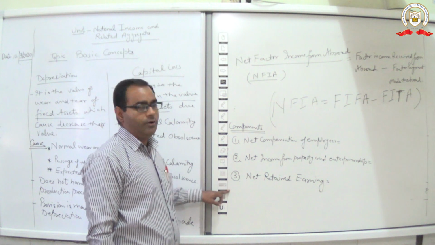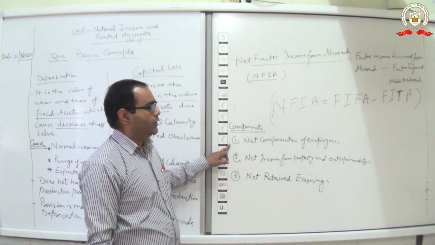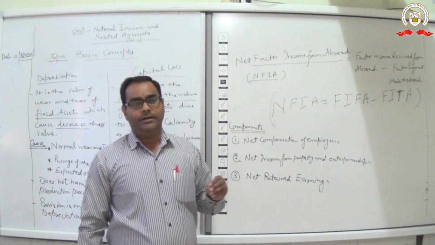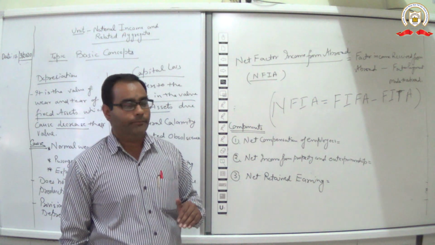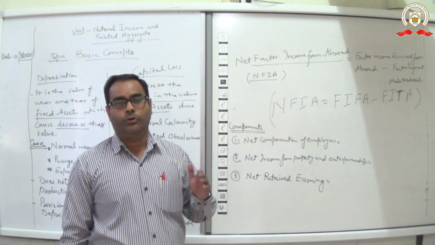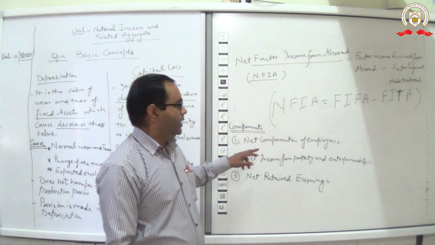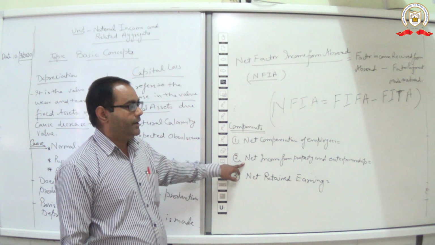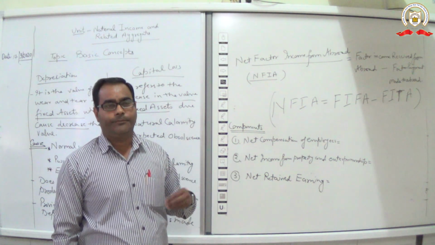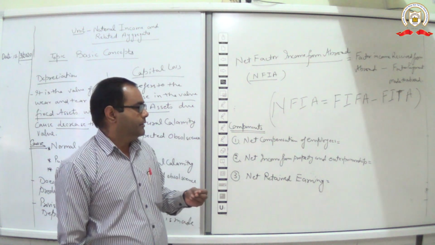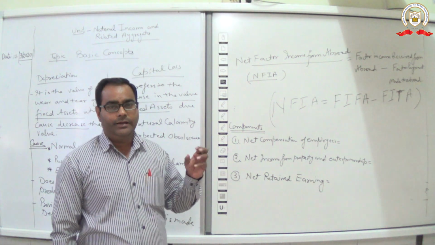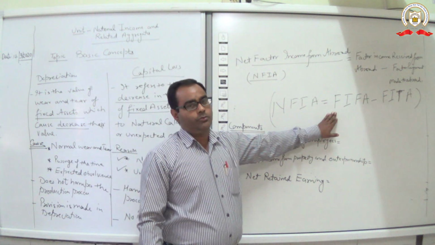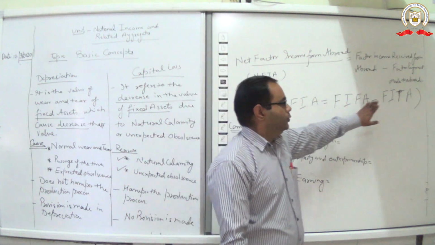NFIA has three major components: net compensation of employees, which means the salary received by an Indian resident from abroad minus the salary paid to non-Indian residents abroad. Net income from property and entrepreneurship refers to the income in the form of profit, rent, interest received by the Indian resident companies from abroad and similar payment made to non-Indian resident companies abroad.